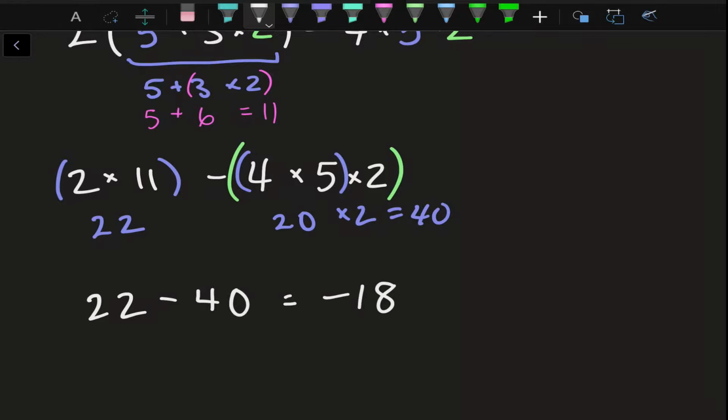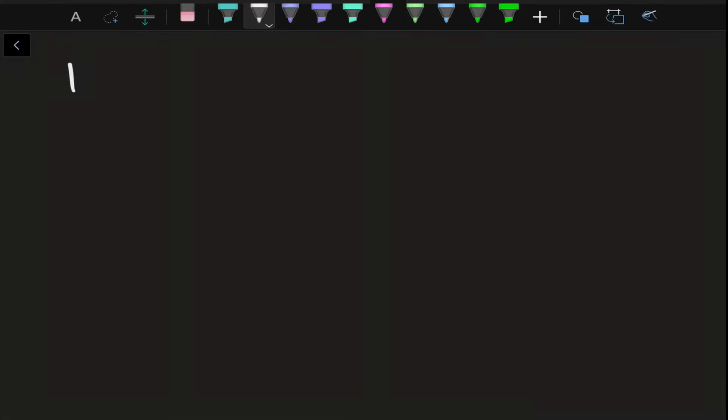Okay, and then before we can move on to fractions, we need to understand what a reciprocal of a number is. So that's what we're going to be moving on to next, is reciprocals.